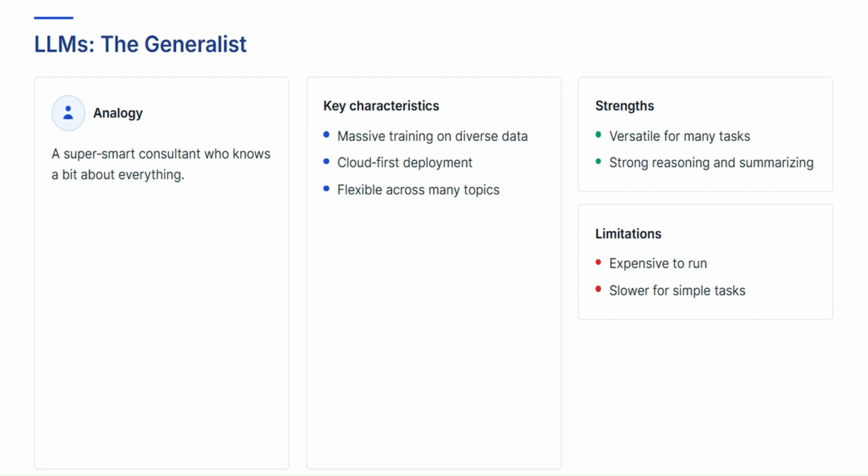Their strength lies in versatility, deep explanation, summarization, and creative problem solving. However, this power comes at a cost. LLMs are expensive to run and often slower for simple tasks that don't need deep reasoning.